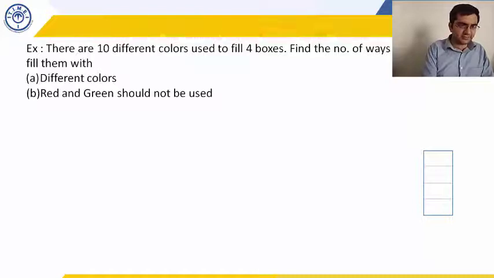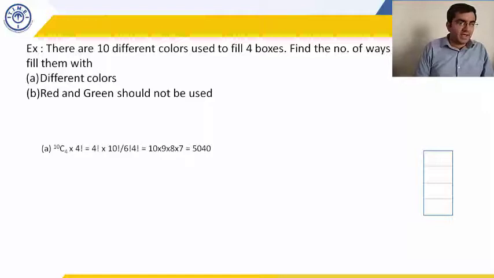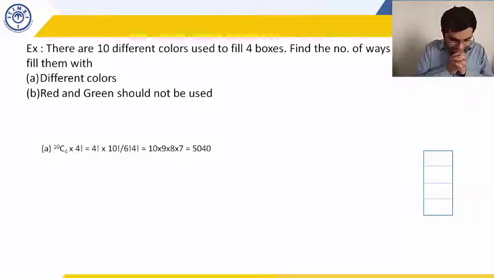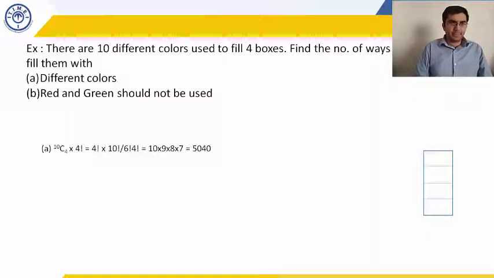So first let's select the 4 colors as 10C4, and then to arrange those 4 colors you multiply by 4 factorial, because we learned about arrangements in the previous slide. 10C4 into 4 factorial, and when we simplify this we again get 10 into 9 into 8 into 7, that is 5040. What has just happened?